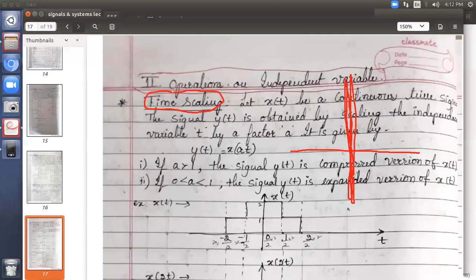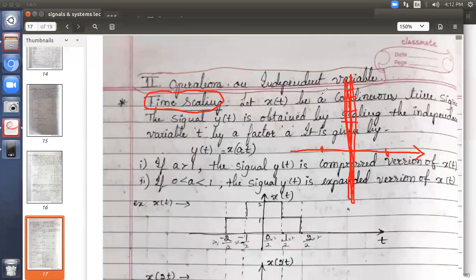Amplitude variations were occurring. However, the time we did not touch. The time was kept as it is. Whatever range each signal has for the time, the same is kept as it is. Only the signal amplitude has been varied.